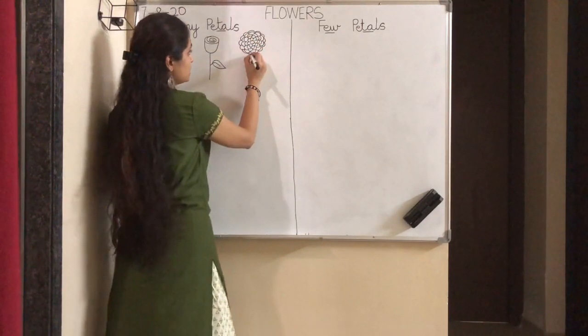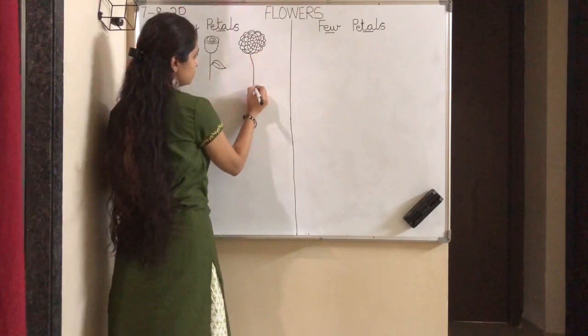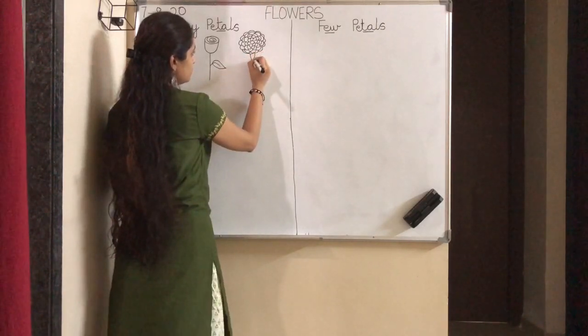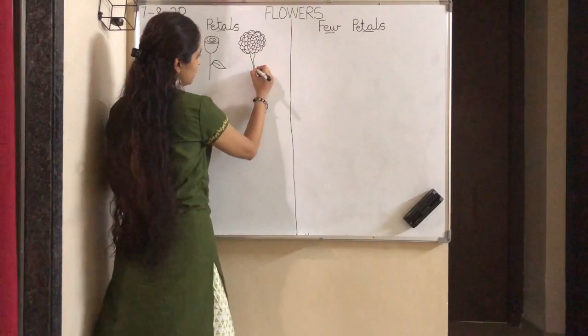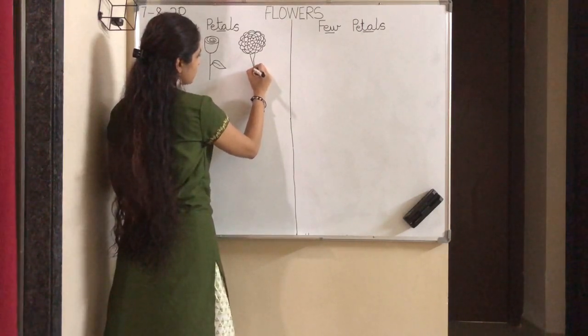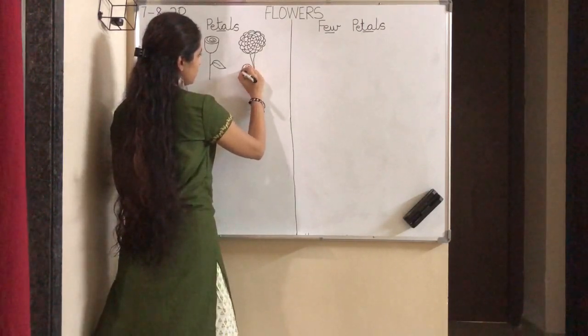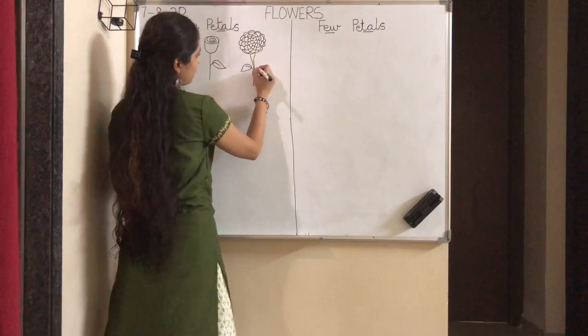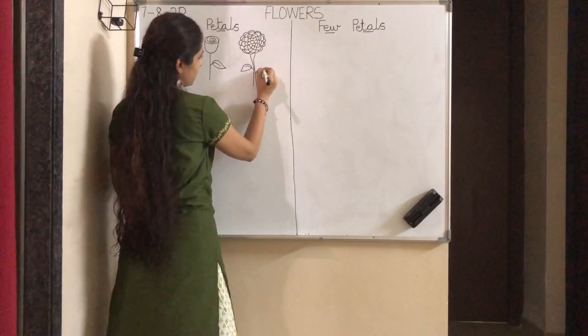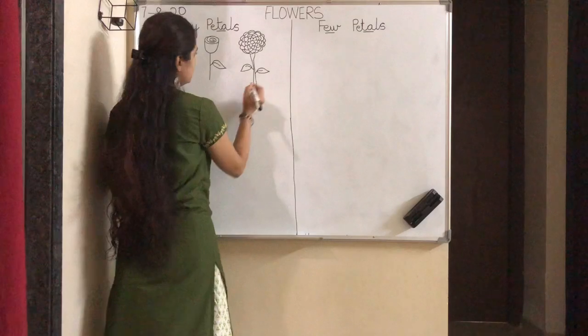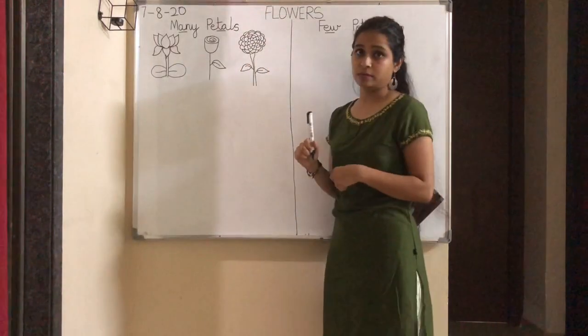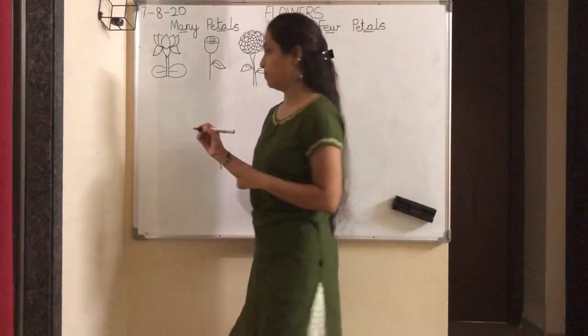Then you draw the stem. And draw the leaf. This is marigold.